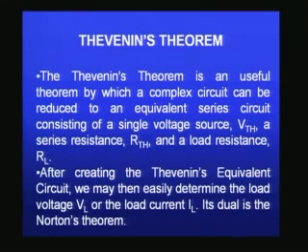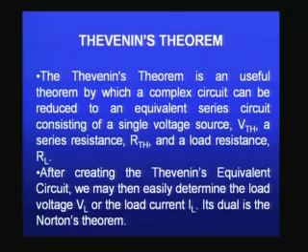So that becomes much simpler to solve once we have this type of an arrangement. Now there is also another theorem, the second theorem, which is called Norton's theorem, which is a dual of Thevenin's voltage theorem.